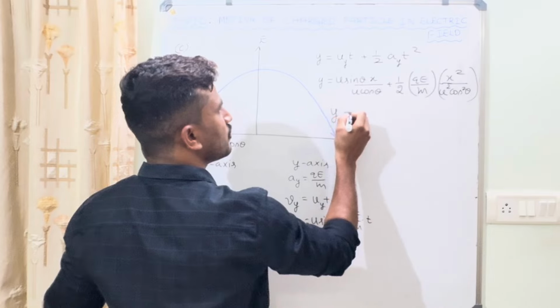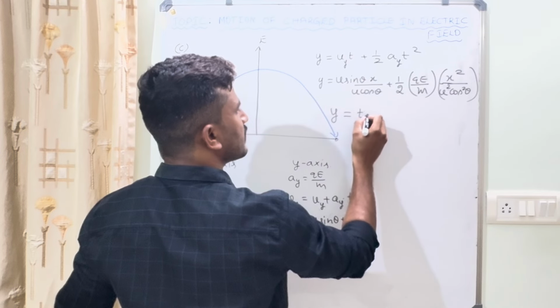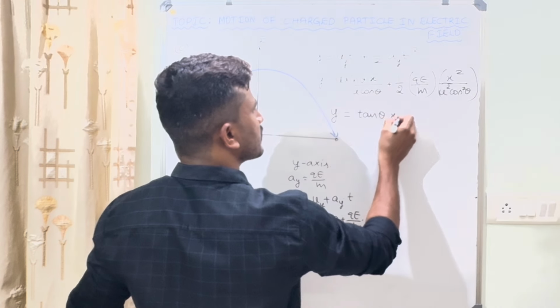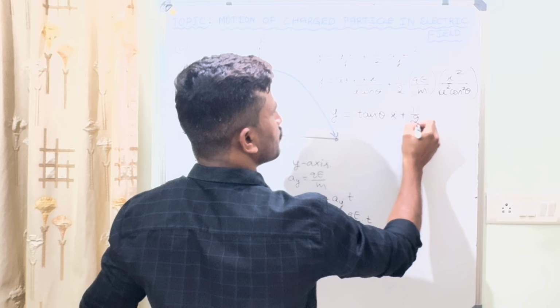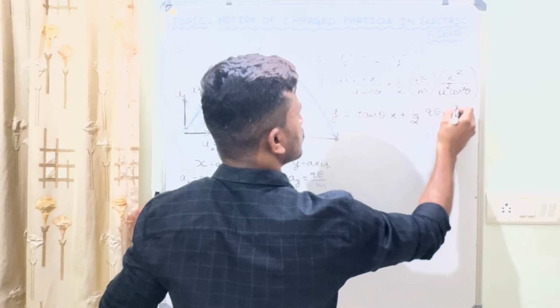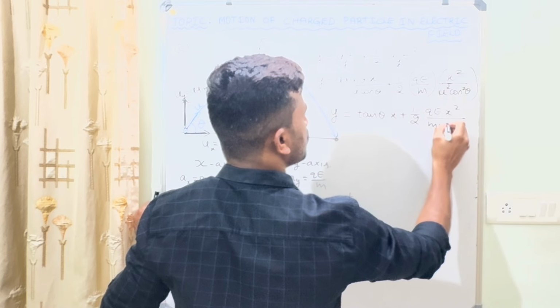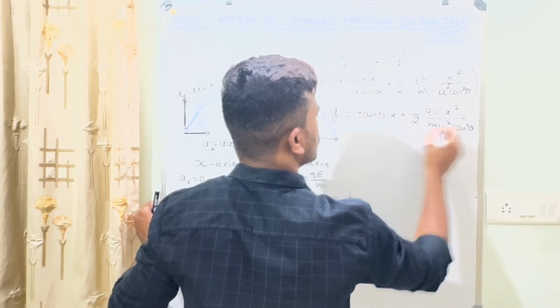So y is equal to sin theta by cos theta, which is tan theta, into x, plus half qE x squared divided by m u squared cos squared theta.